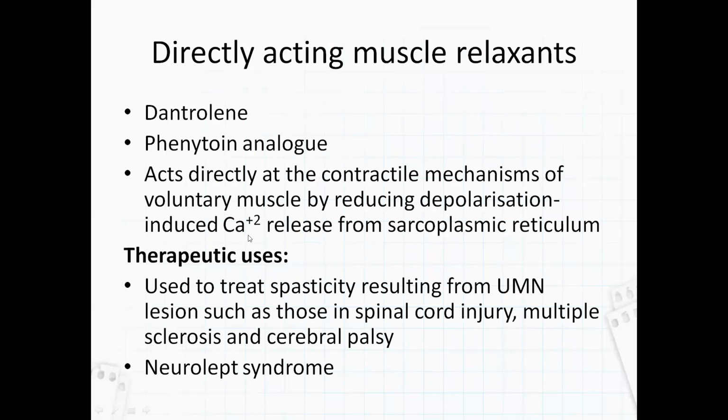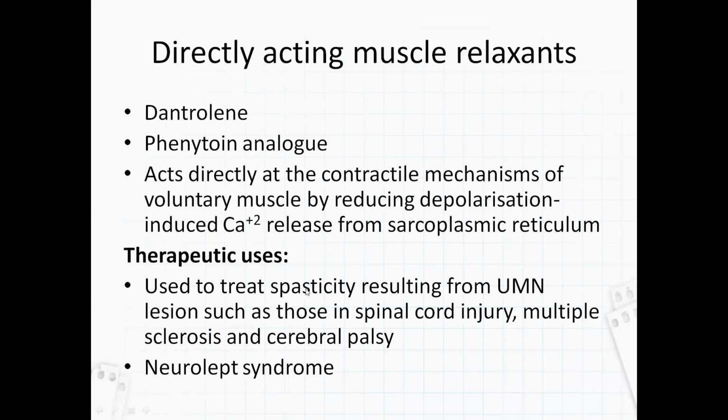We know that calcium is important in this excitation-contraction coupling. And this calcium will not be released, as the depolarization-induced calcium release from sarcoplasmic reticulum is reduced. What is the therapeutic use of dantrolene?